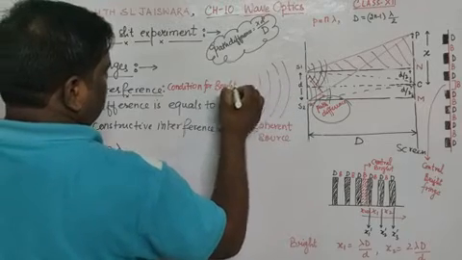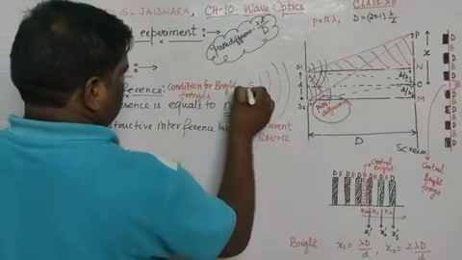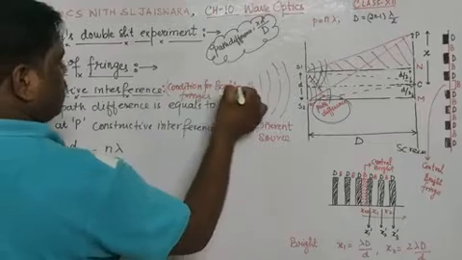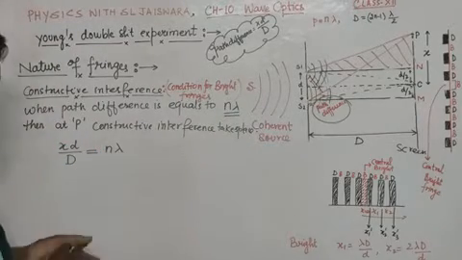So these things you have to write in bracket. So this is the condition for bright fringes.